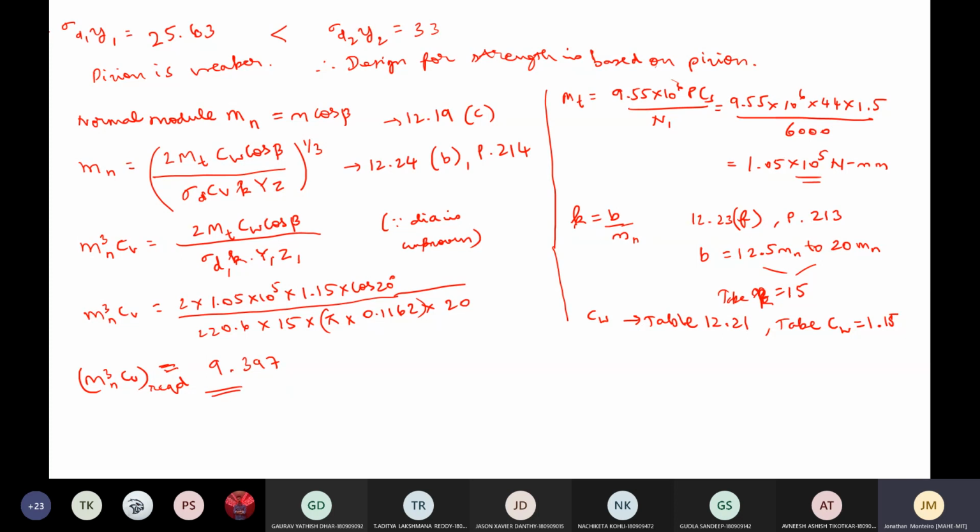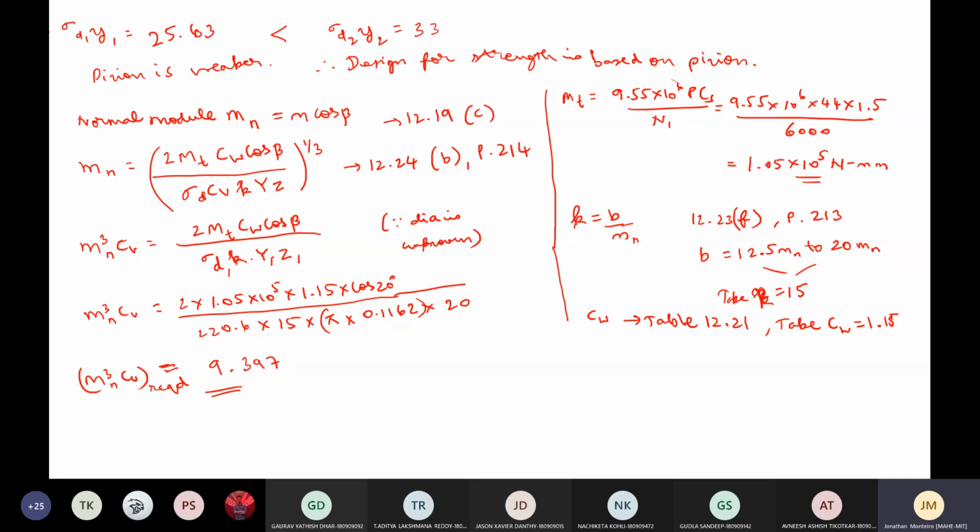Normal module. We don't see a cos beta factor in that particular equation, so I don't think that we can use it here.